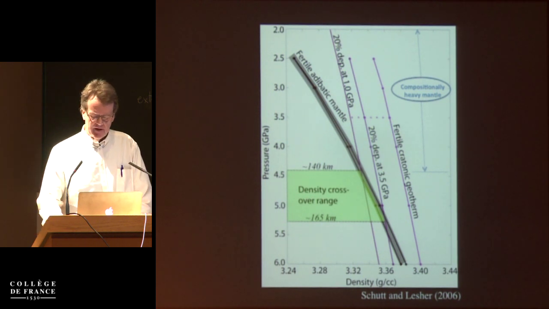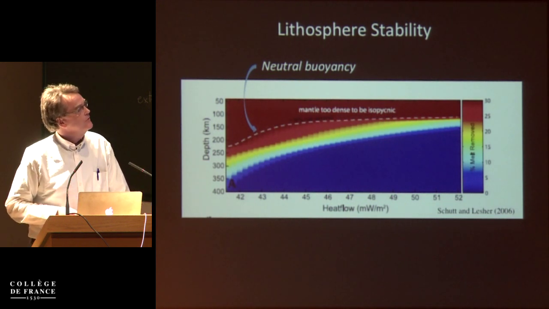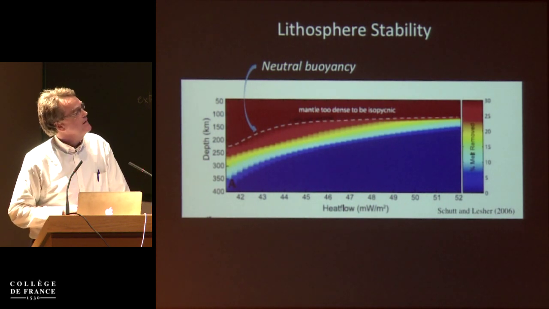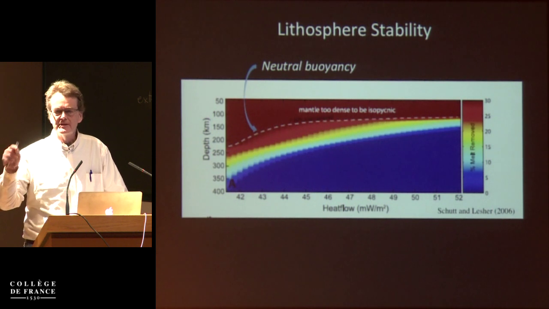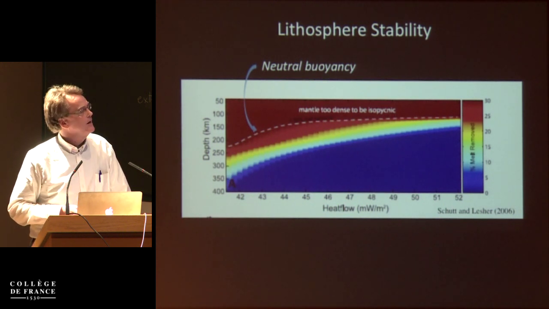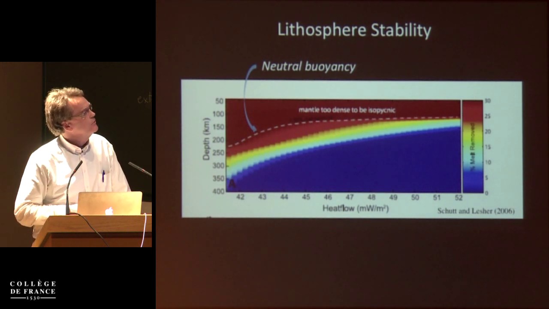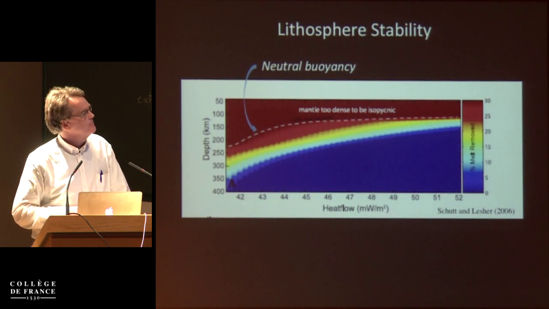So we went through this exercise and developed this plot. It's perhaps a little confusing, but the main point is simply this white dashed line right through here, which is the line of neutral buoyancy. That's the intersection between the mantle adiabat, the isopycnic situation, and whether or not the mantle, due to partial melting here, is negatively buoyant, or below that is positively buoyant.